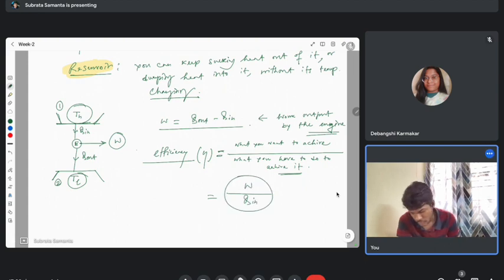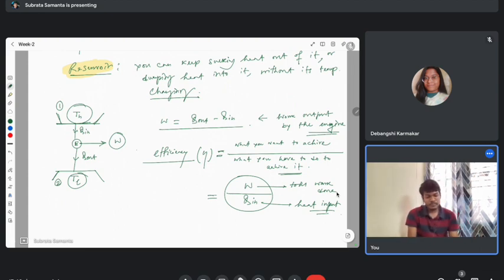This is the work done W, and this is Q in, the heat input. So this is the total work done and the heat input.